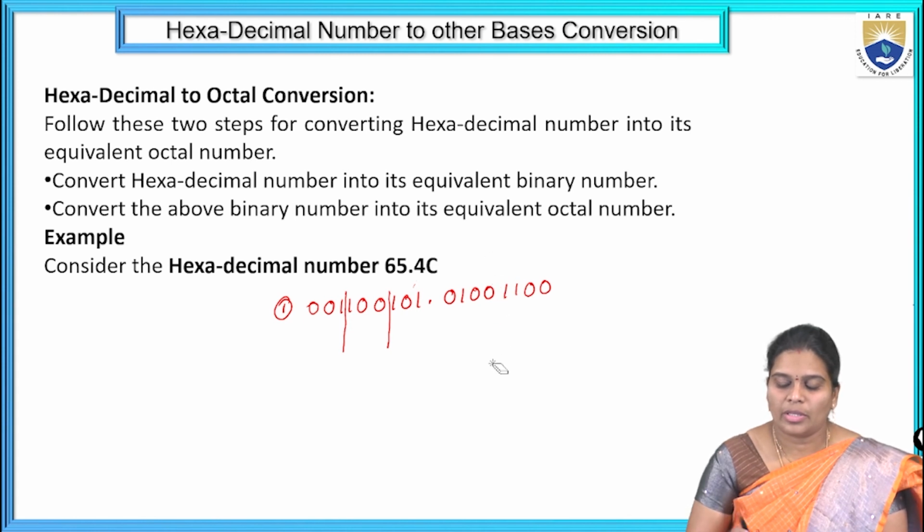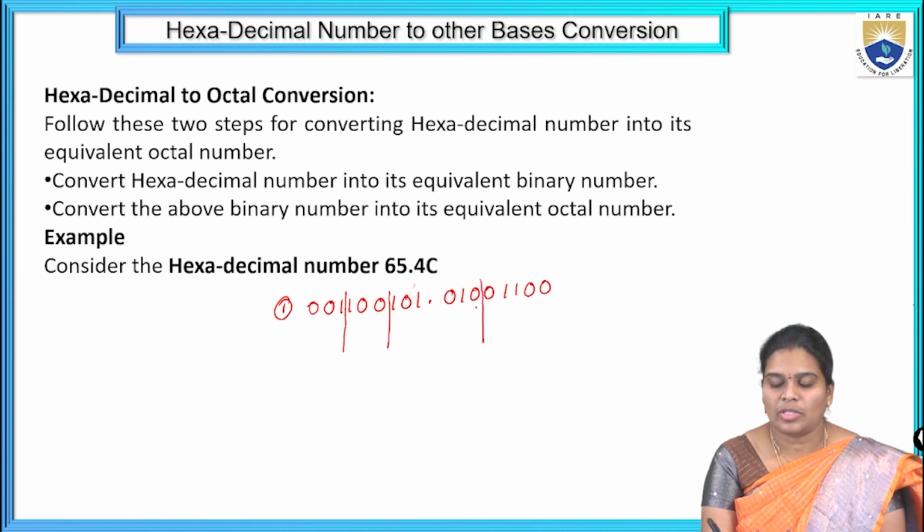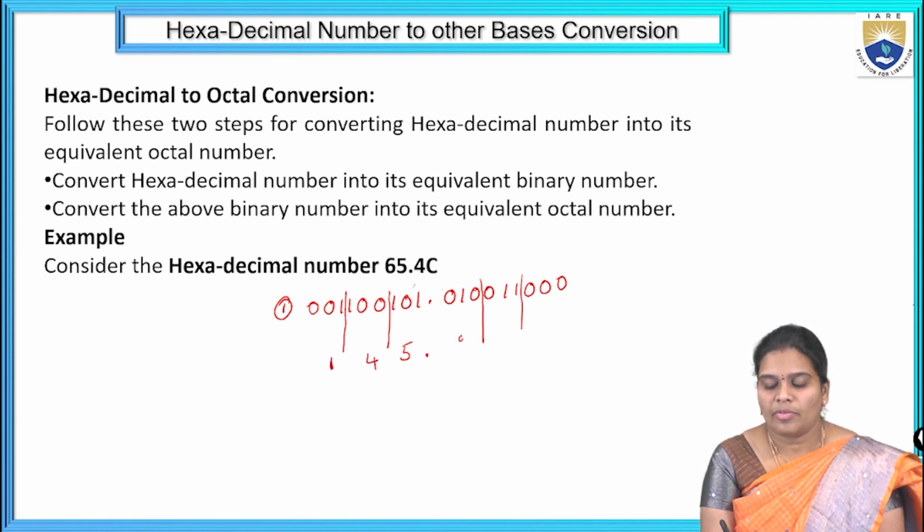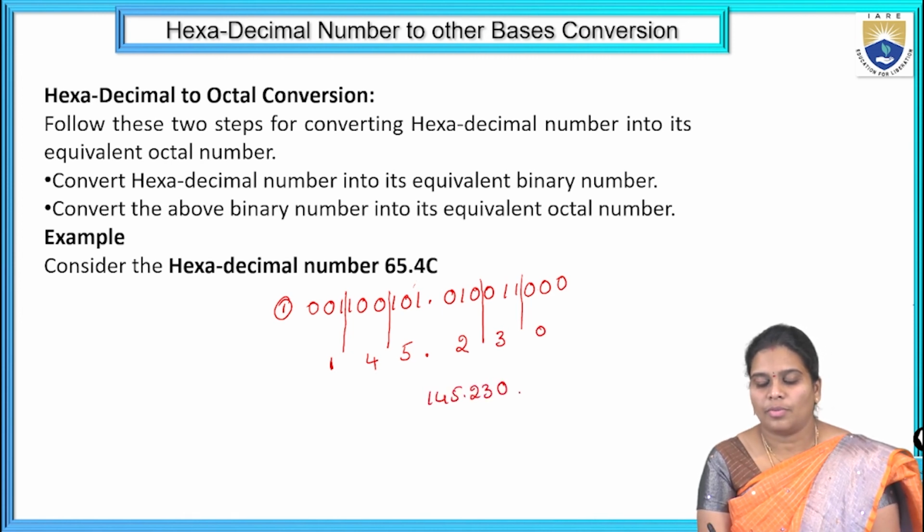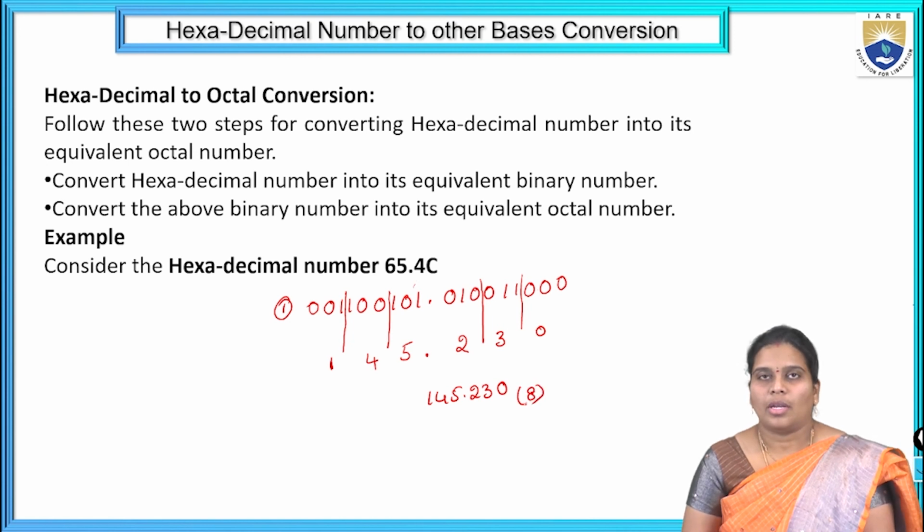Here we separate into 3 bits only: 001 100 101, so this value is 145. Then 010 011 000, so this value is 230. So 145.230 is the octal number system. So first convert the hexadecimal to the binary number system, second convert the binary number system to octal.